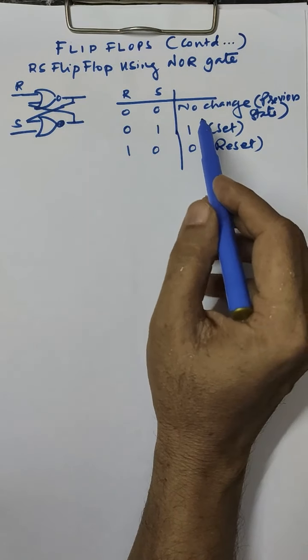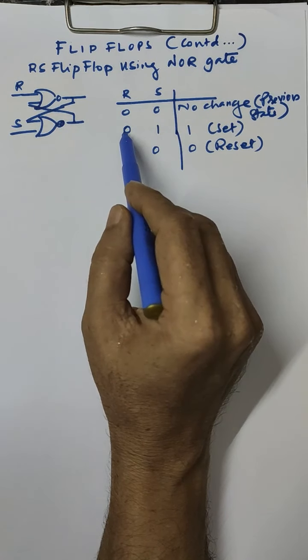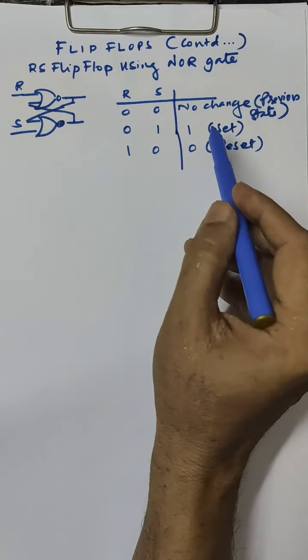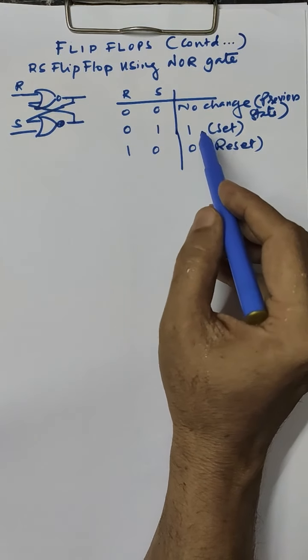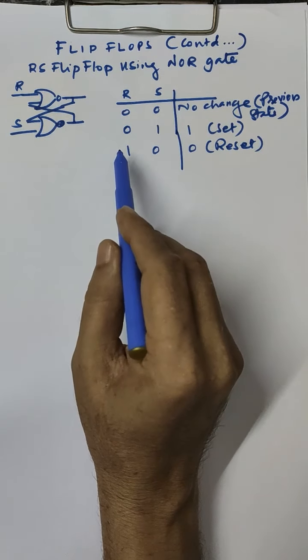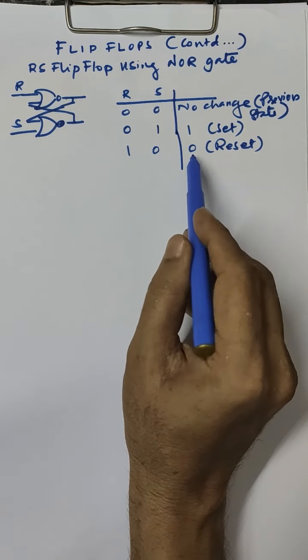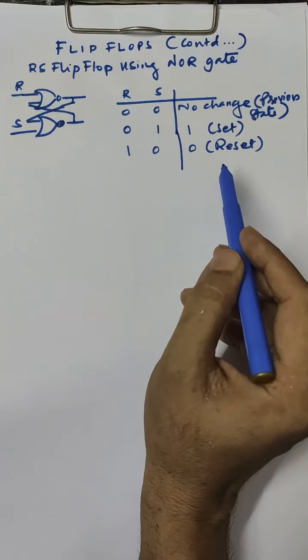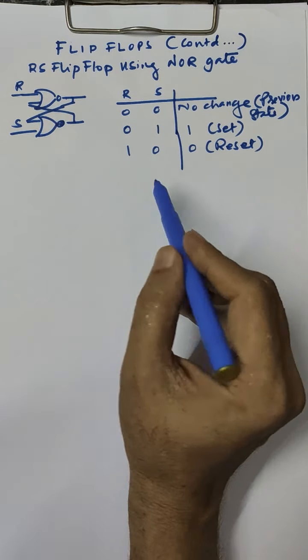We can call it a memory state. When R is equal to 0 and S is equal to 1, we get 1 at the output Q, and when R is equal to 1 and S is 0, we get 0 at the output, which represents a reset operation.